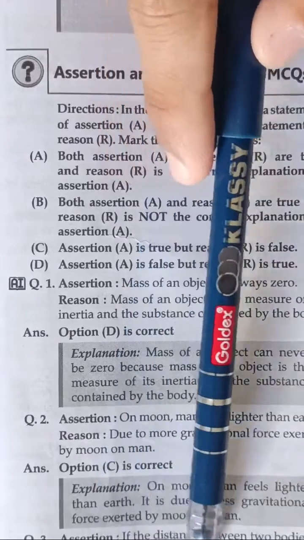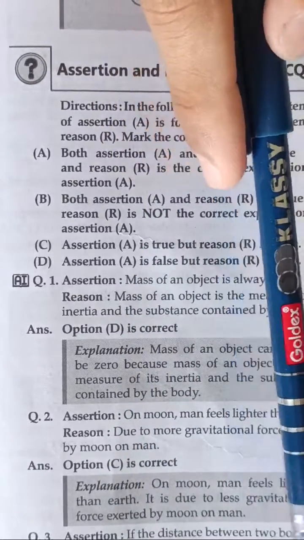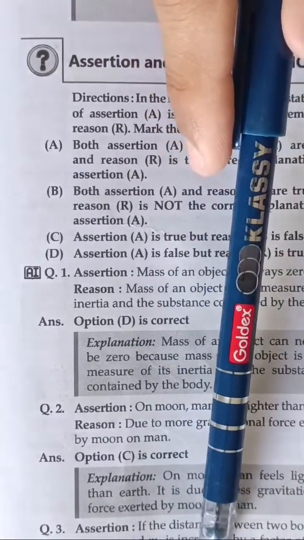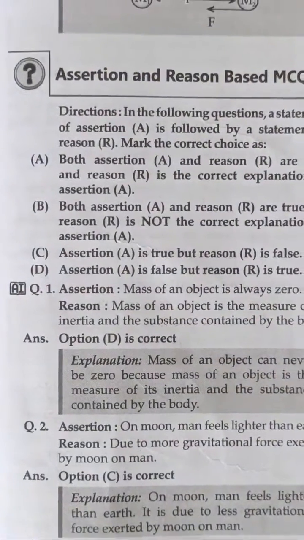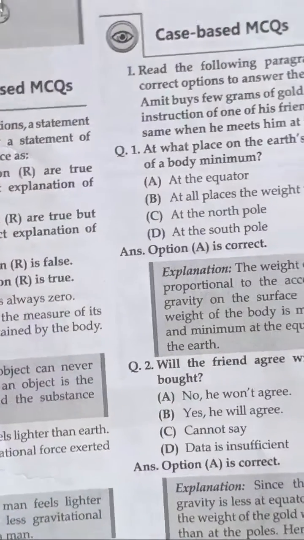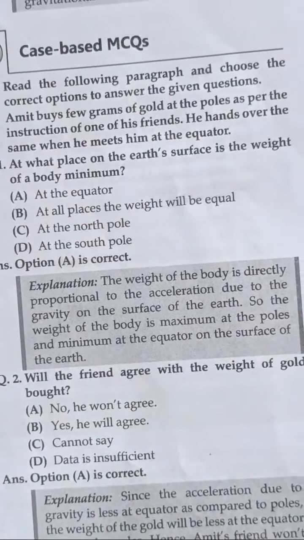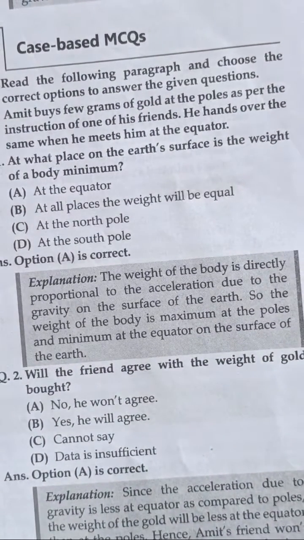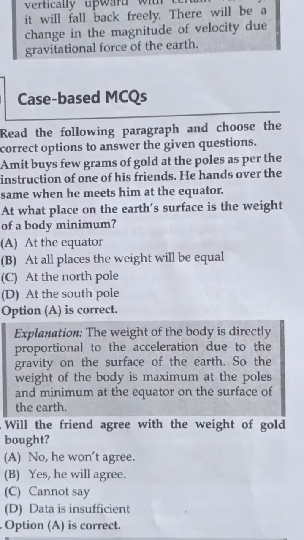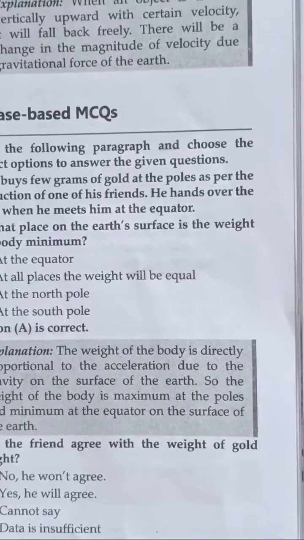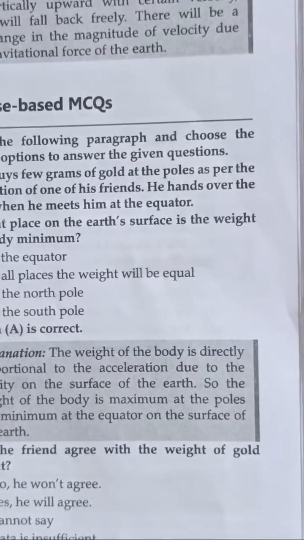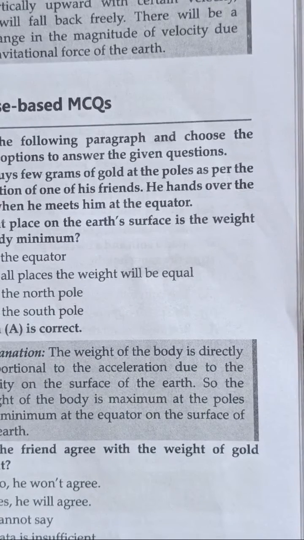Reason: the gravitational force is inversely proportional to the square of the distance between two bodies.